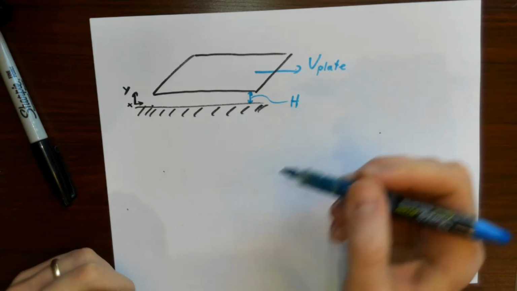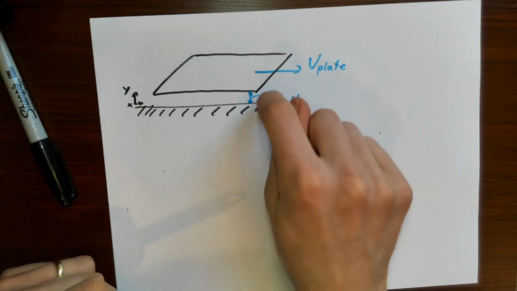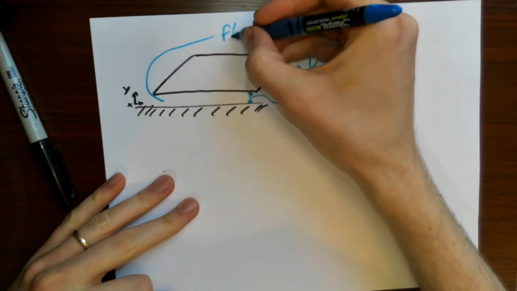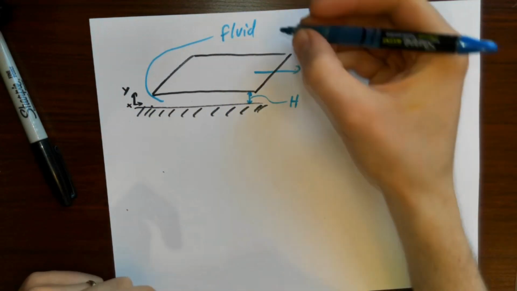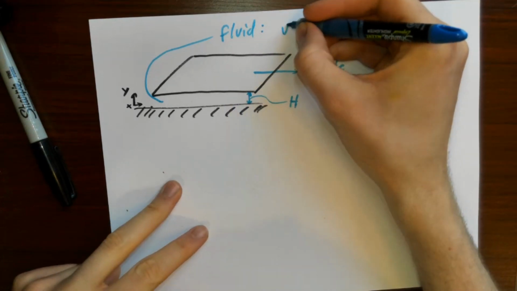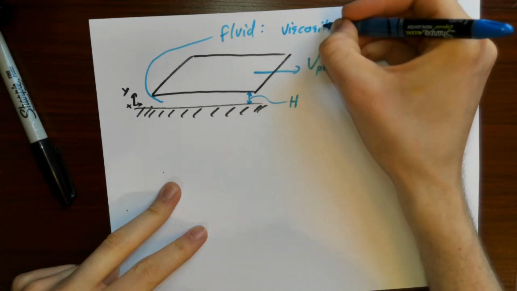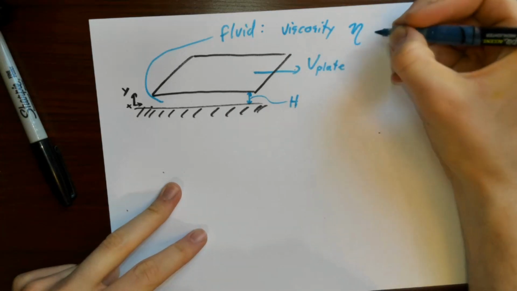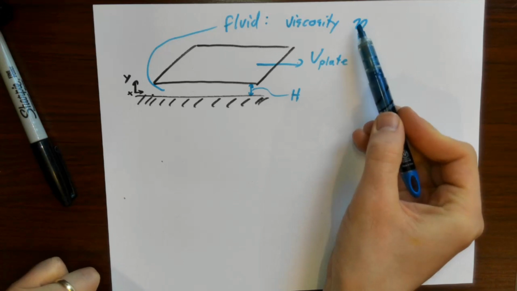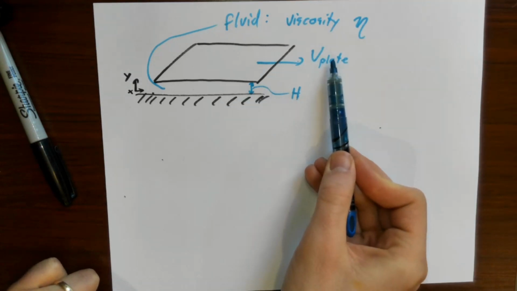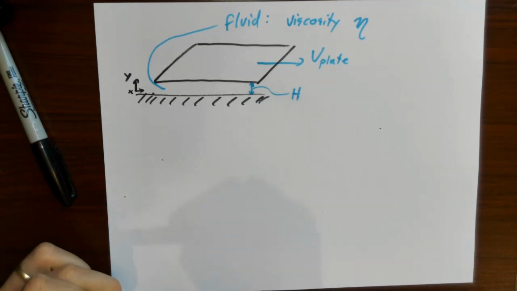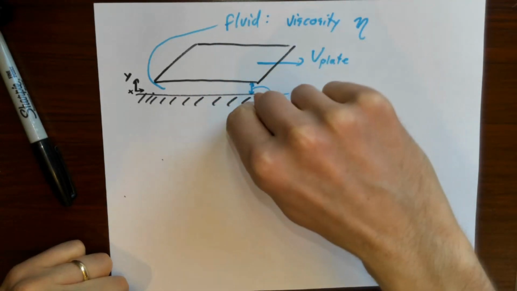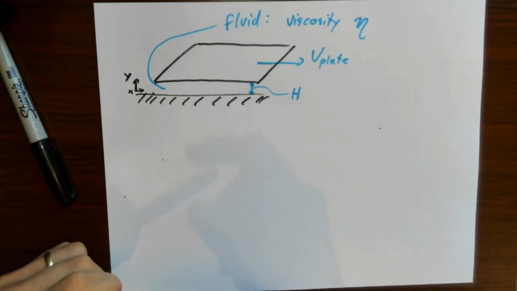Let's say there was some known thickness h between those, and some fluid in the gap, and the fluid had some known viscosity, let's call it eta. So the fluid has known viscosity eta, the plate has known velocity v plate, and the gap between the top plate and the bottom plate has known thickness h.